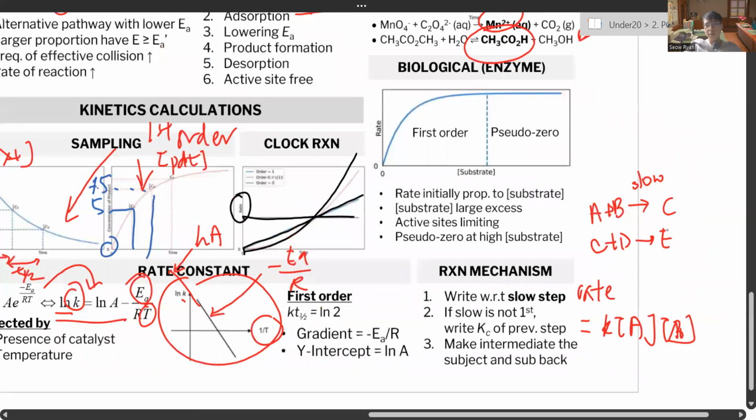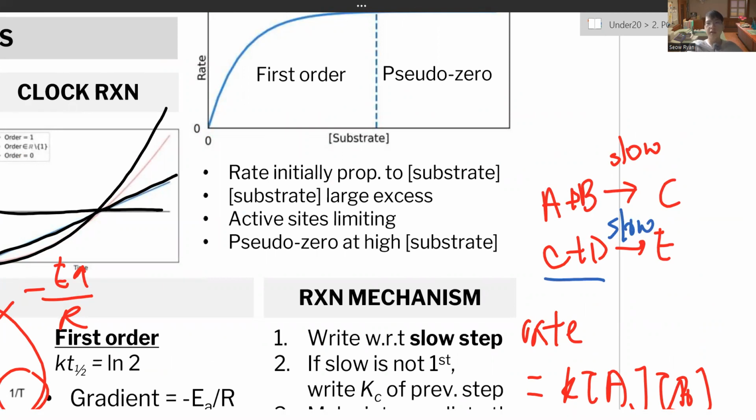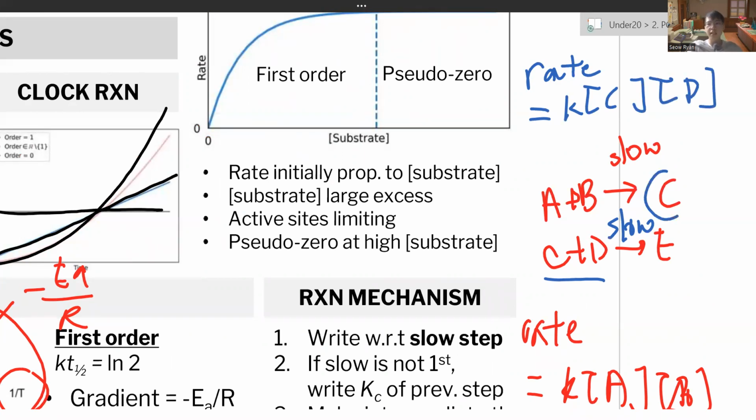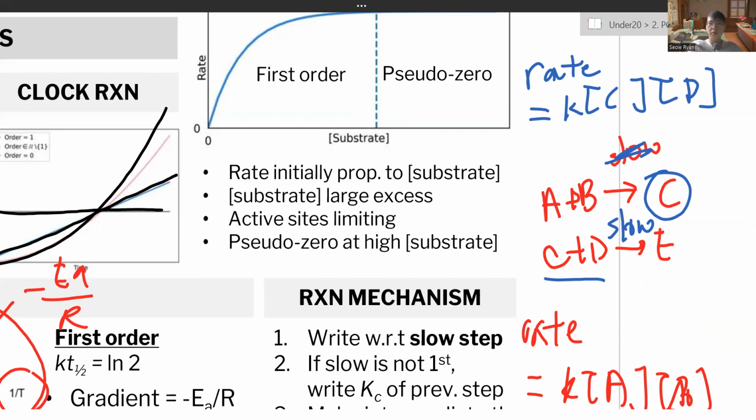Let's use the same equation. If now the second step is slow, I still write the rate in terms of the second step. Take note that because C is an intermediate, we need to write C in terms of A and B. This is a trick: you do Kc for the first step.